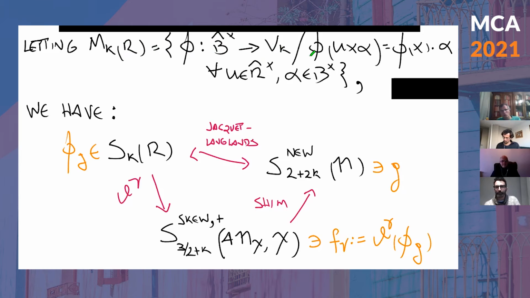Well, these automorphic forms are going to be invariant by the idelized units of the order, and the local elements are going to act in this way. So these are the automorphic forms in the quaternion algebra.